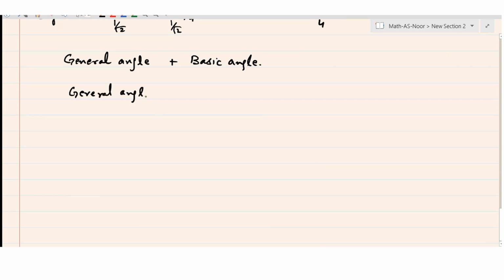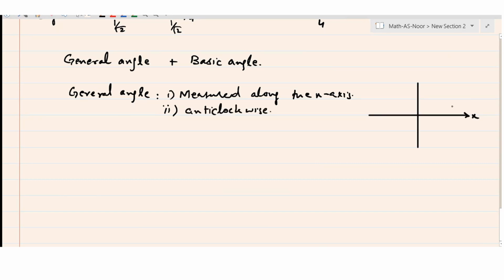Journal angles are the angles which are measured along the x-axis and you move anti-clockwise. This is x-axis, so all the angles measured in anti-clockwise direction along the x-axis is called journal angle.